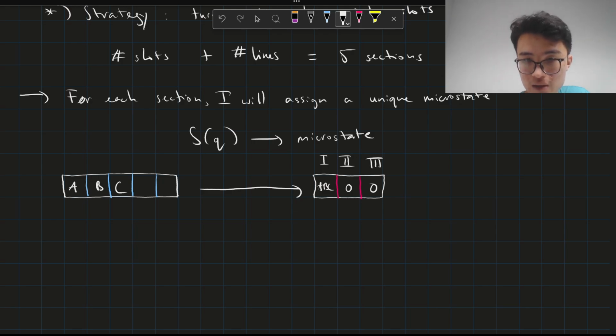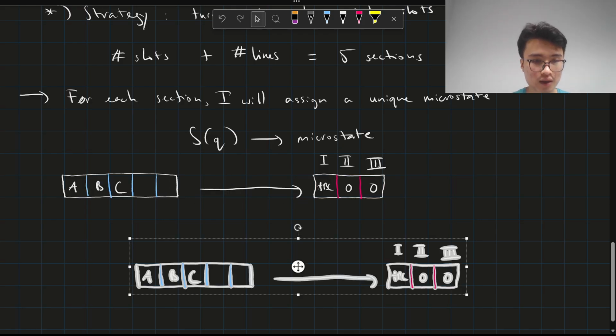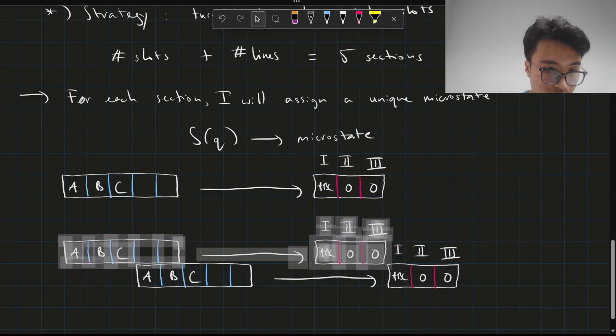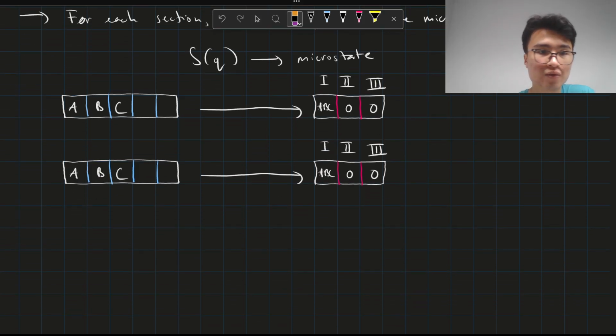Slot number 3. There we go. Now I hope that you know what's about to happen here. Let's have another example. Let's say we have A over here and BC over here.